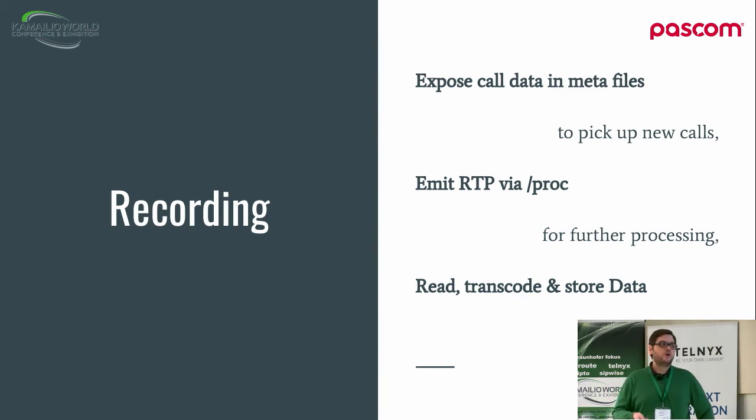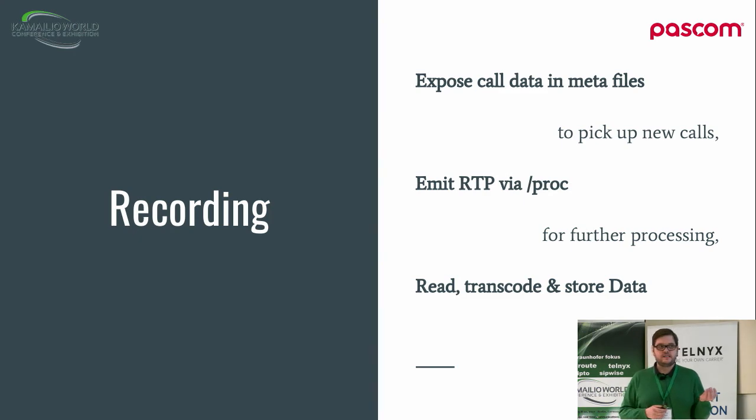So each new call gets a meta file providing you with SDP information, where you can grab your negotiated codec and your call IDs to correlate the calls. What it essentially does is emit the RTP, which is running in the kernel, via the proc interface, and then you can start to read it from there with a separate daemon.